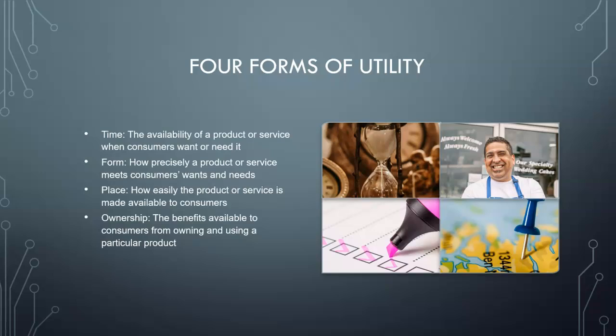During the pandemic, when the grocery stores were totally out of toilet paper, that wasn't so good for those of us that didn't stock up. Form is how precisely a product or service meets consumers' wants and needs. Place is how easily the product or service is made available to consumers. And ownership is the benefits available to consumers from owning and using a particular product.